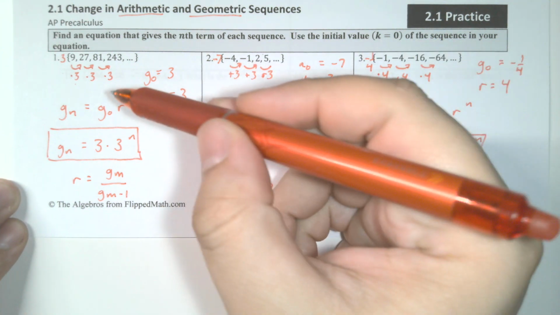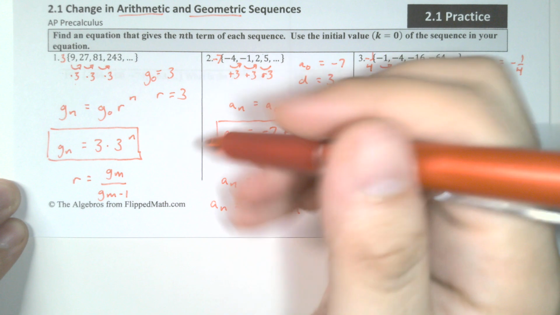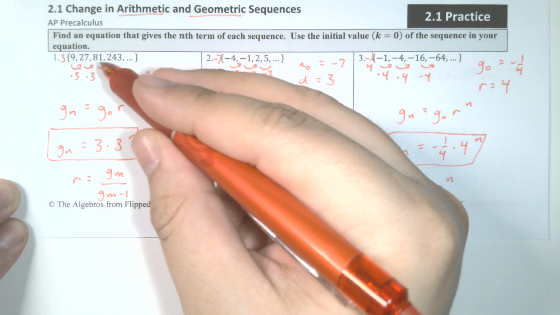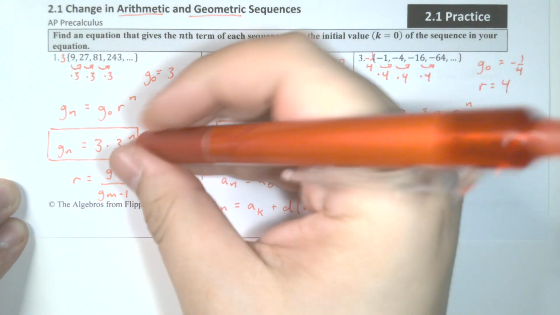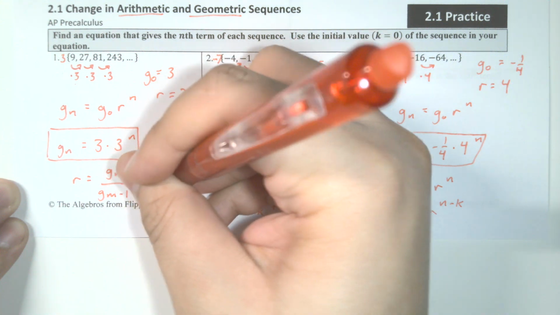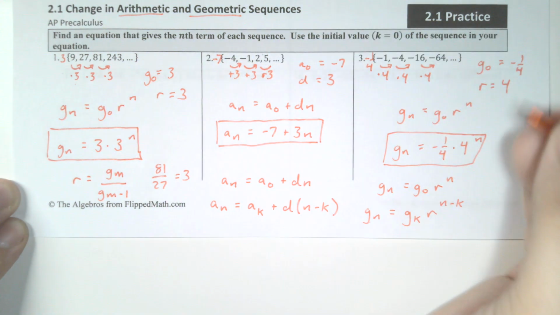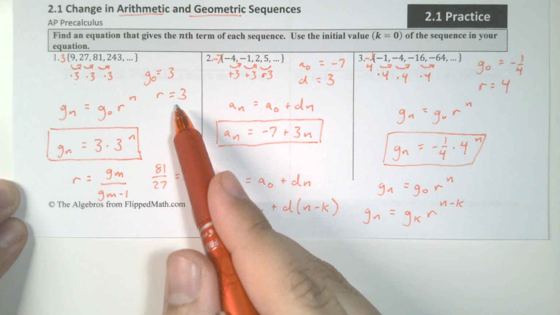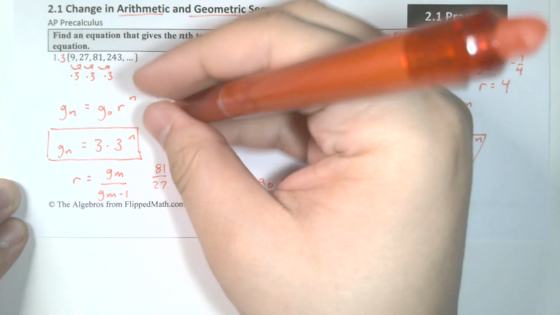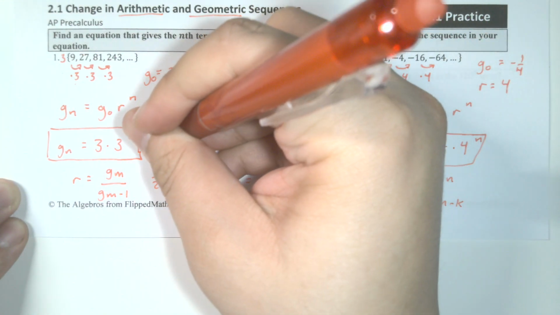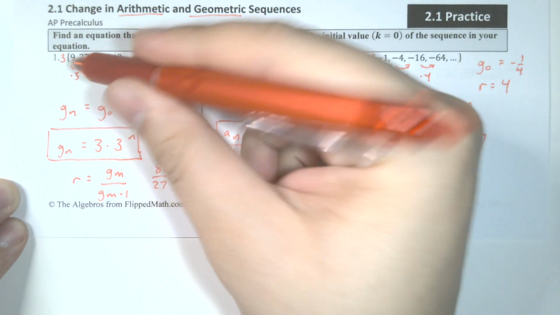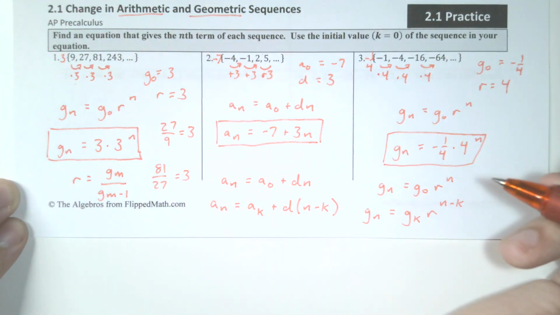So for example, if I take 81 and I divide it by the term before it, 27, 81 divided by 27 is equal to 3. And that was our ratio. But I could also have done 27 divided by 9, and 27 divided by 9 is also 3.